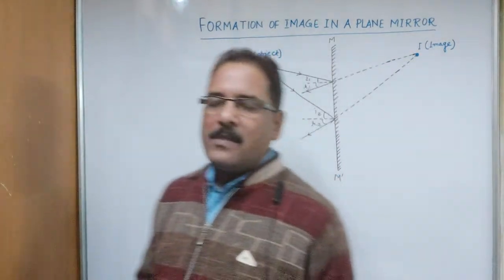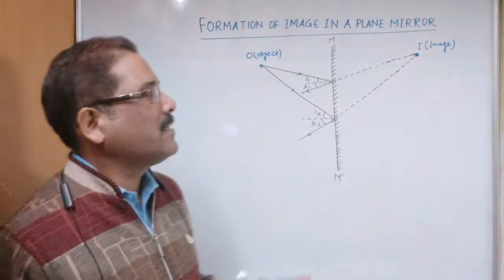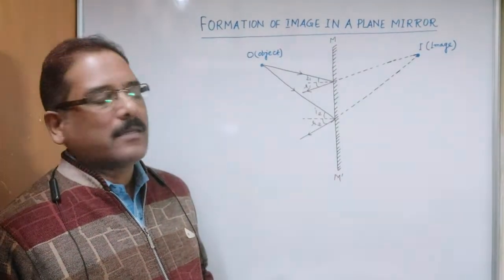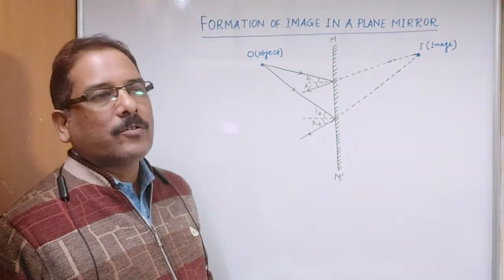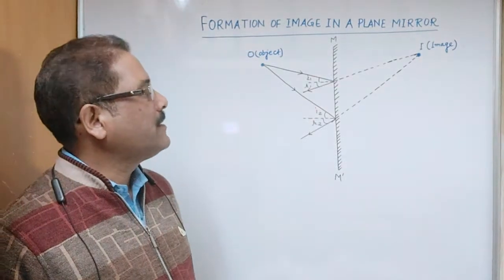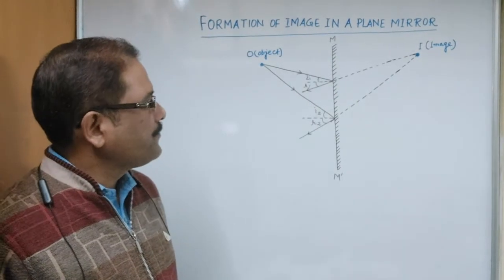Virtual image means you can't touch this image. Every day you see your face in a looking glass, in a mirror, so you can't touch your image in a mirror. So that image is a virtual image.